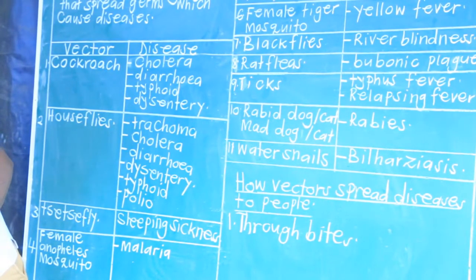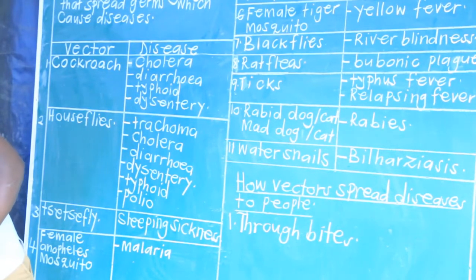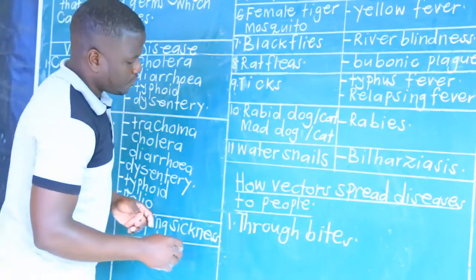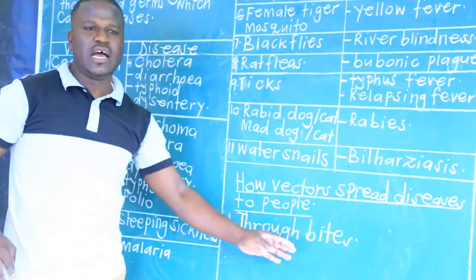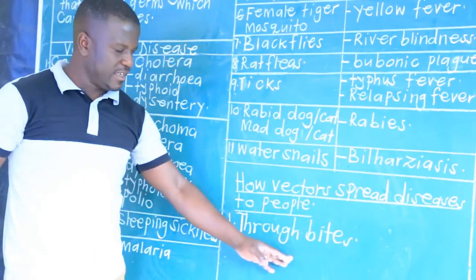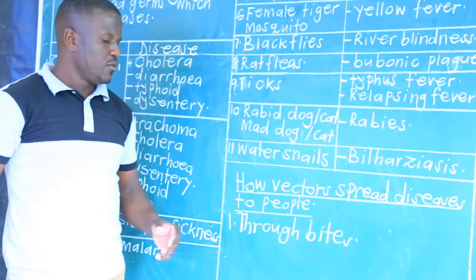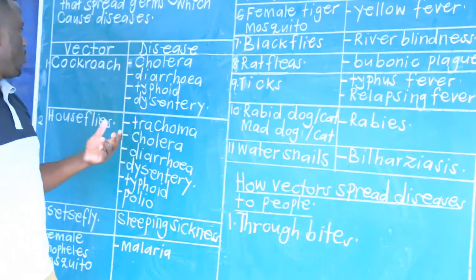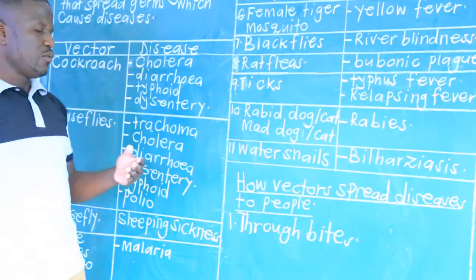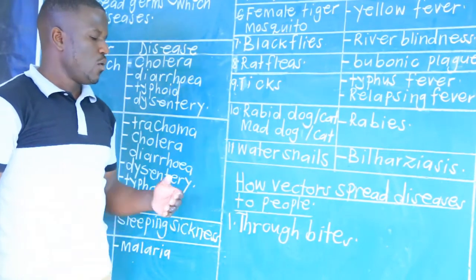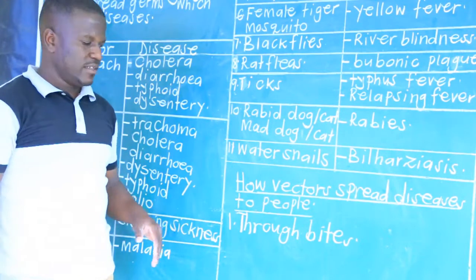Then some spread diseases through contaminating food. They contaminate food, and when you eat contaminated food, you get diseases. For example, cockroaches and houseflies contaminate food. And when we eat contaminated food, we get diseases.